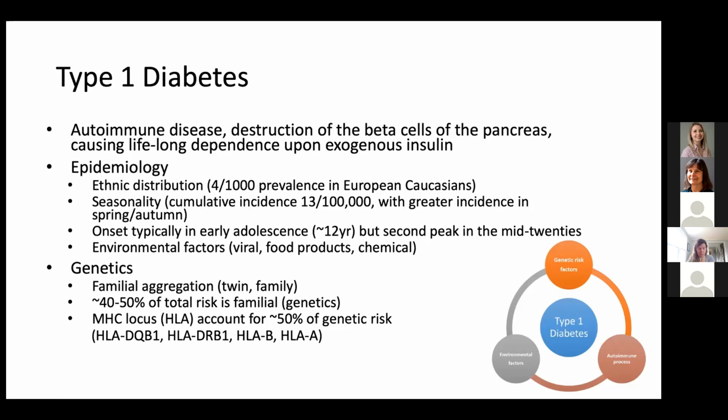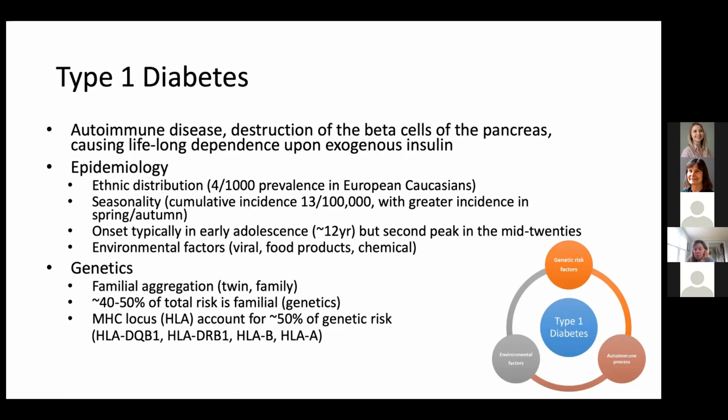The highest rates of type 1 diabetes are observed in European ancestry subjects and the lowest in Asia, but rates are increasing worldwide by 2 to 5% each year. We also see seasonality, with increased diagnosis in spring and autumn.